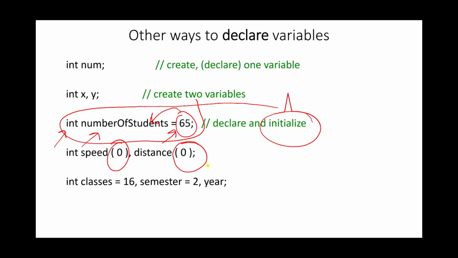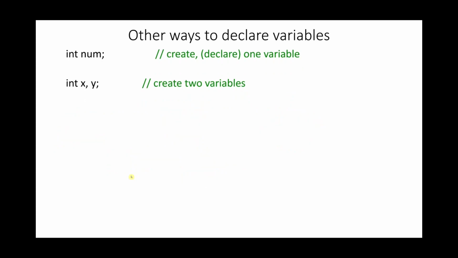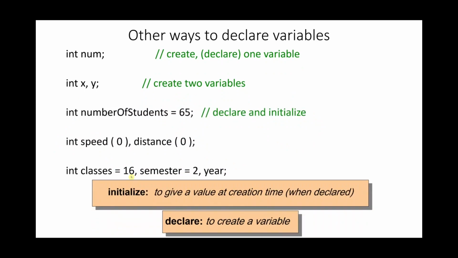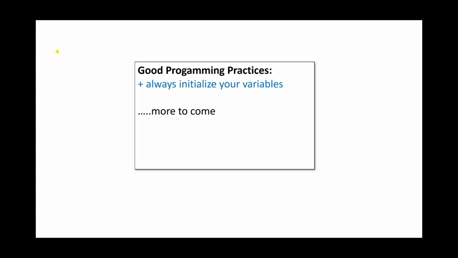Now, this initialization is done without the assignment operator because the assignment part happens internally. So this is going to give a value at creation time after it's been declared. This is declaring with initialization. Declaring is just the creation of the variable without initialization.